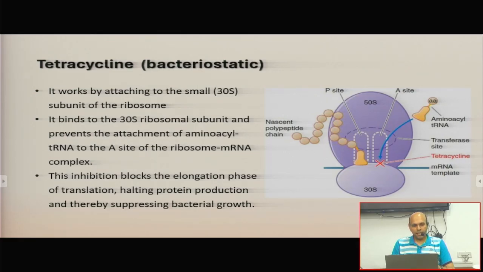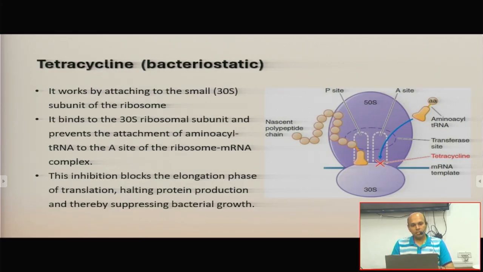So tetracycline is a bacteriostatic antibiotic, and this also works by attaching to the same 30S subunit of the ribosome. It binds to the 30S ribosomal subunit and prevents the attachment of aminoacyl tRNA to the A site of the ribosome mRNA complex.